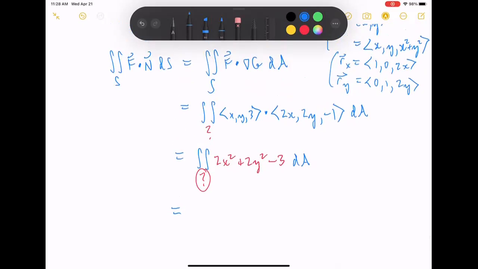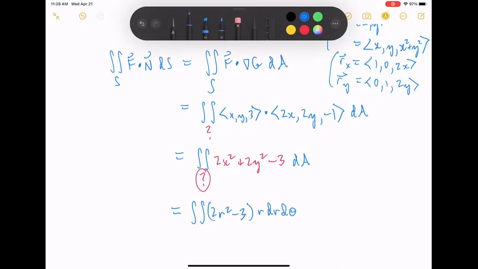Look, polar, especially, look at the integrand right here. I have 2x squared plus 2y squared. You know, x squared plus y squared is what? r squared. So this is going to be the integral of 2r squared minus 3. And then I'm converting to polar coordinates, so this is going to be r dr d theta.